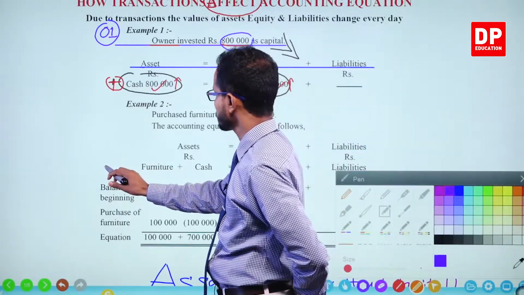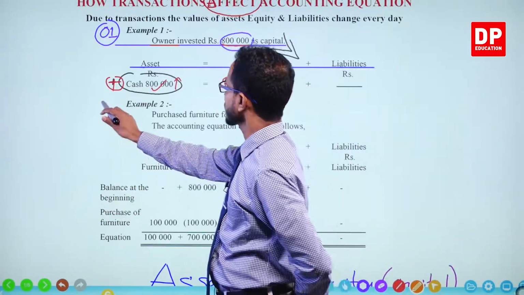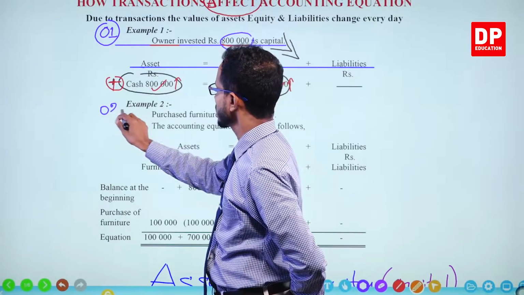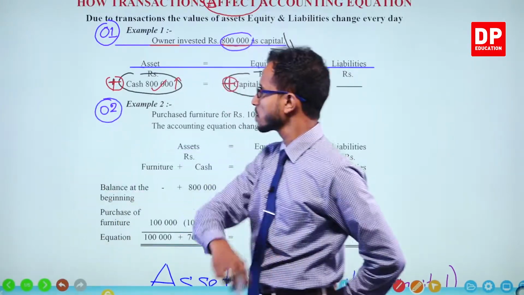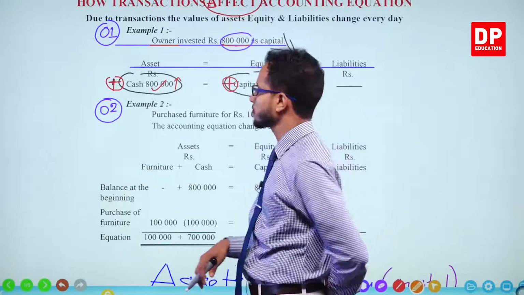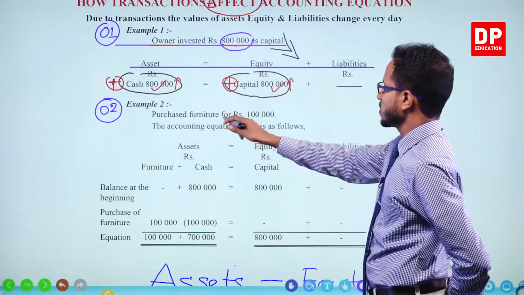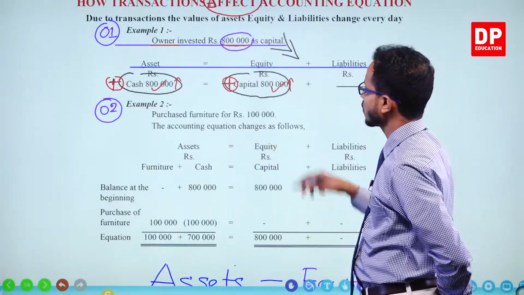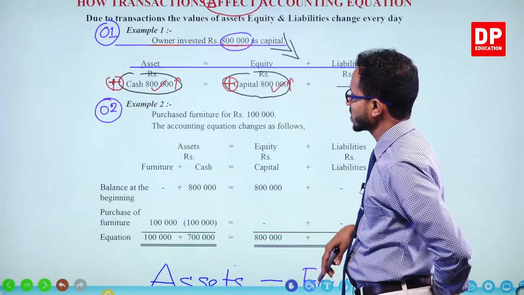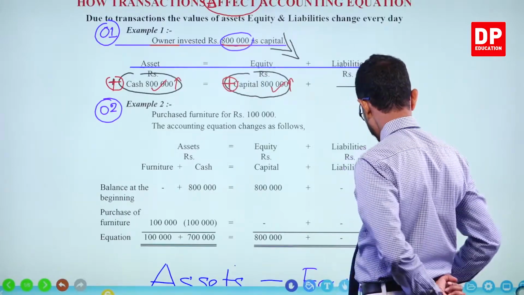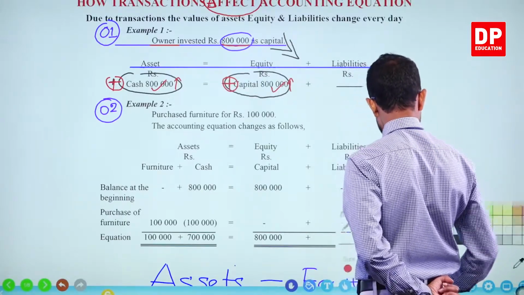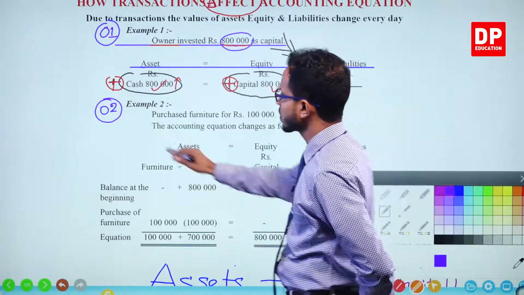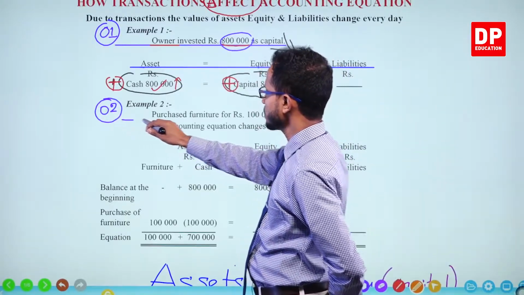Second transaction. Example number 2. Purchased furniture for 100,000. The accounting equation changes as follows. Let's see how the accounting equation changes. First of all, I'm going to underline the transaction here. This is the transaction, example 2.